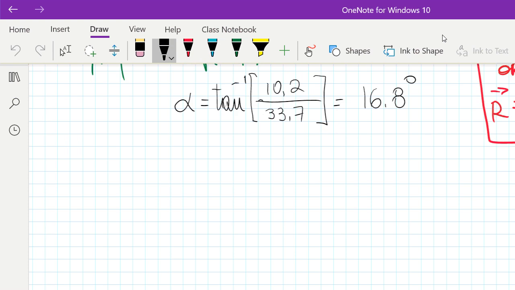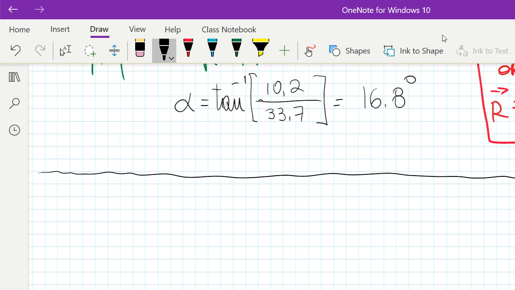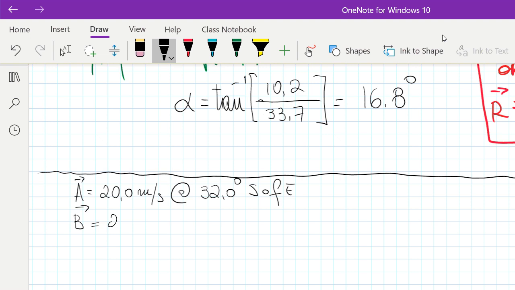Let's take a look now and go over an example that is a bit more complicated. So let's suppose that we have a vector A that is 20 meters per second at 32 degrees south of east. And then you have vector B that is 25 meters per second at west north.